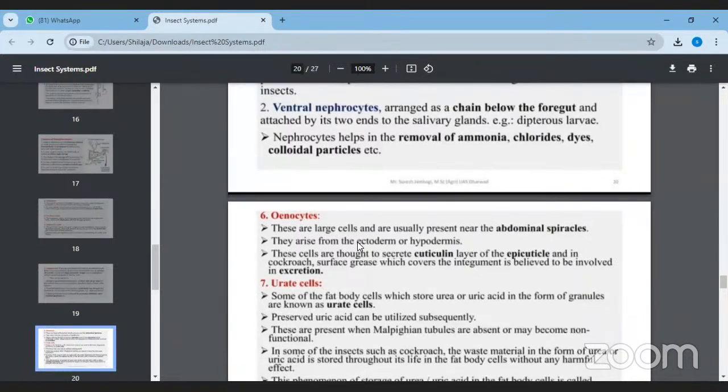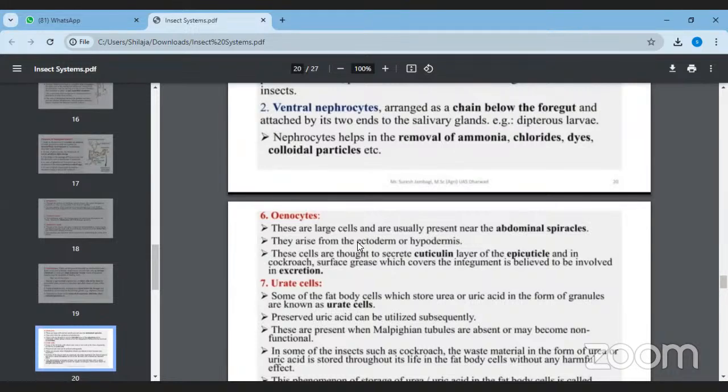After the nephrocytes, we also see the oenocytes, usually present near the abdominal spiracles, and they arise from the ectoderm or the hypodermis.